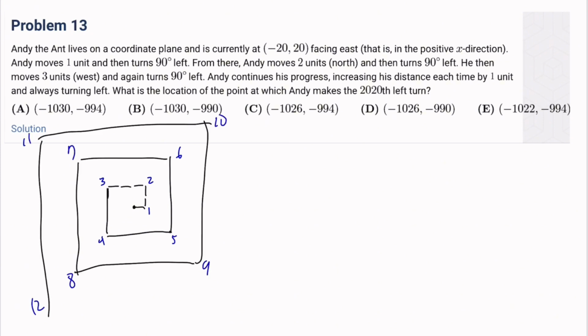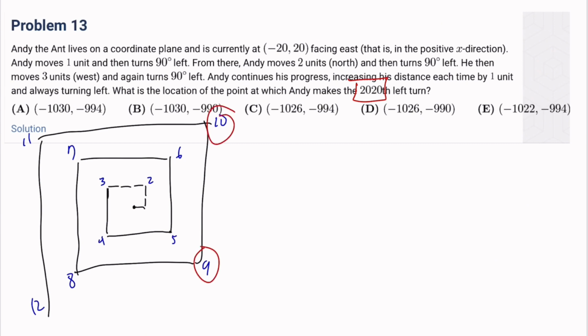Notice that after this point, the distance between the previous layer and the next layer is always equal to 2, right? So this 2, this 2, this 2, this 2. That's one pattern that we notice. One more thing we notice is we want the 2020th left turn.